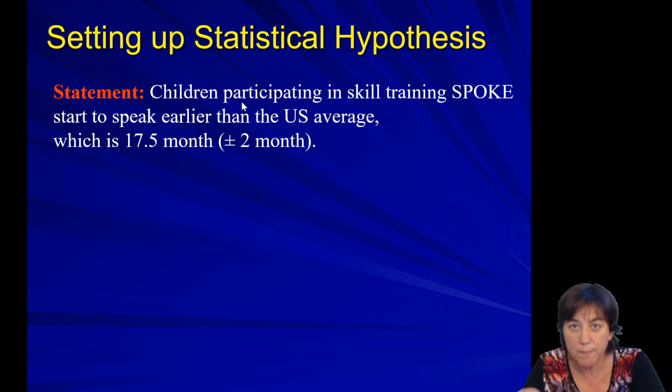So a group, let's say children participating in skill training, SPOKE, that's the name of the training, start to speak earlier than the US average, which is, by the way, 17.5 months of age plus minus 2 months. What is this here? We've learned that this is always the standard deviation. Okay, so here it's sigma, standard deviation of the population.